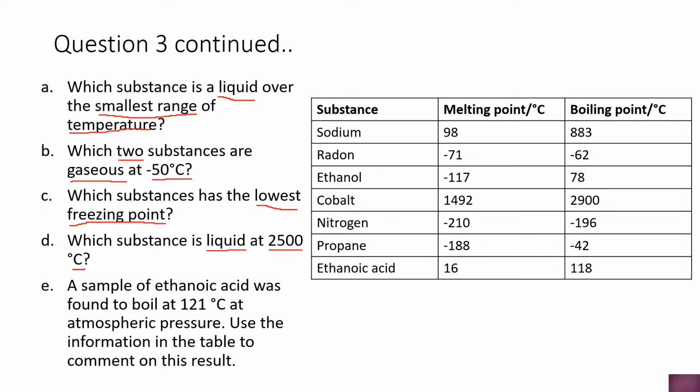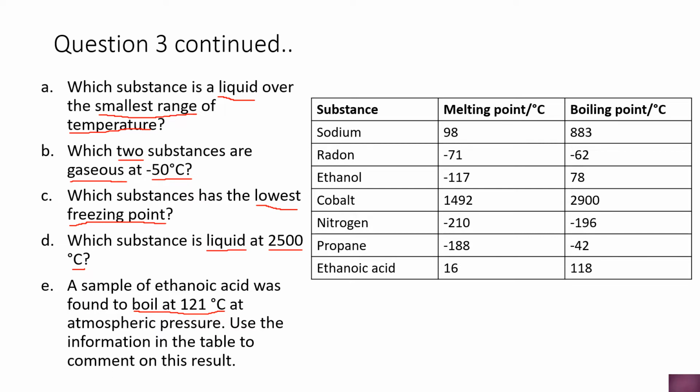Part E, a sample of ethanoic acid was found to boil at 121 degrees Celsius at atmospheric pressure. Use the information in the table to comment on this result. Now in this you don't have to consider the atmospheric pressure, because this table data is also given according to atmospheric pressure.